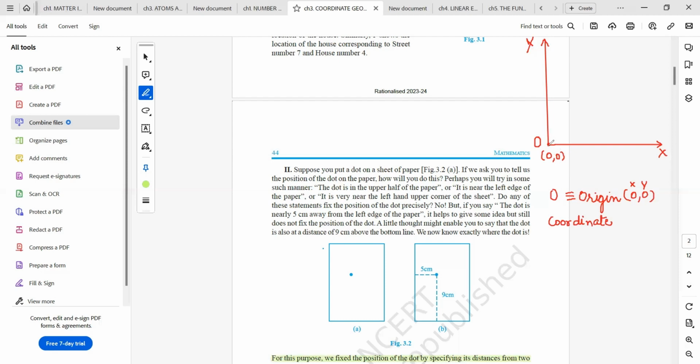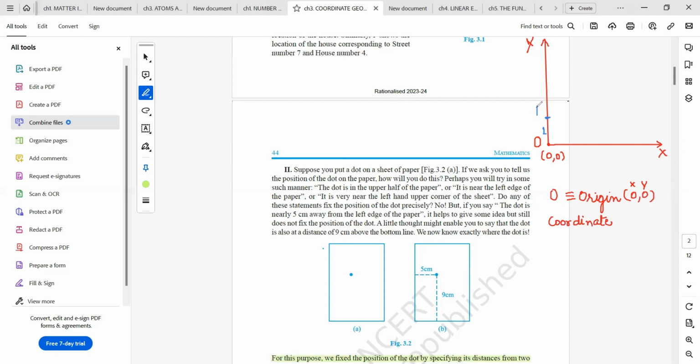Now suppose I start moving. Let us say I come to the point here, and I want to find out the coordinates. Say this distance is 1. Can you tell me the coordinates of this point?